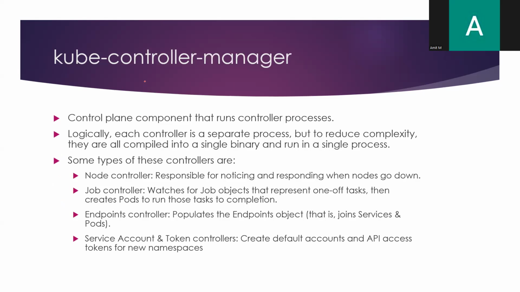Then the important part is the kube controller manager. Okay, for understanding purposes, it's a single binary. Many different controllers are available for different purposes. As I told, replicas means I want to run multiple copies of the same application, so I can use the replication controller. Replication controller is part of the Kubernetes controller manager binary only.